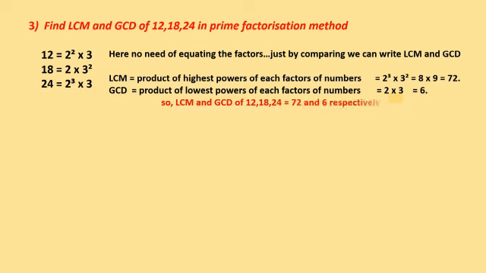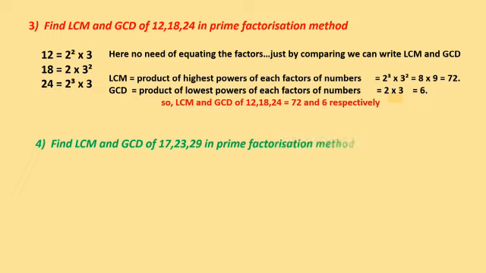Is it clear? Now let us have the last one, the fourth one. Find LCM and GCD of 17, 23 and 29 in the prime factorization method.